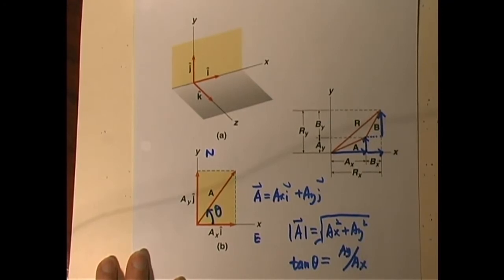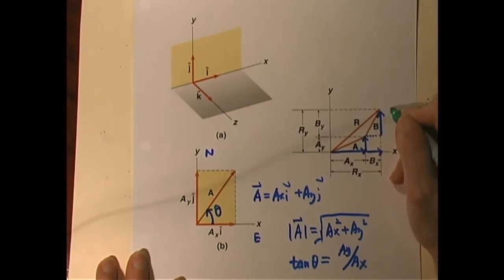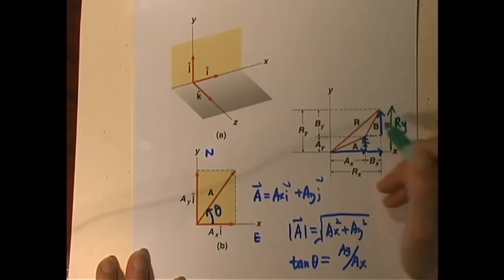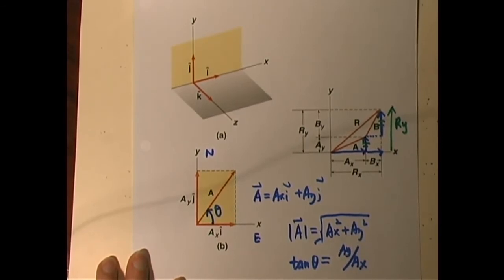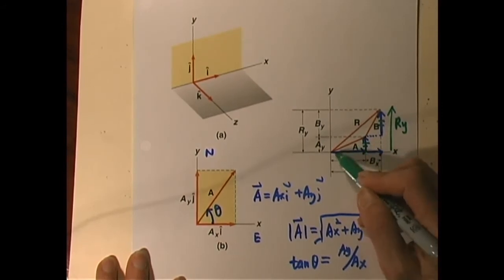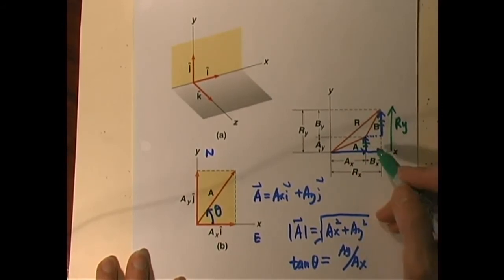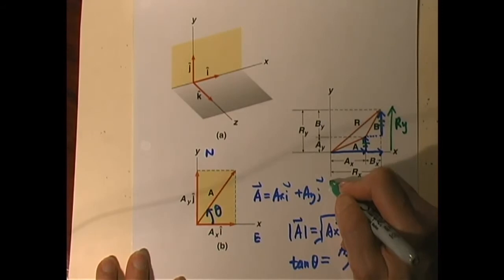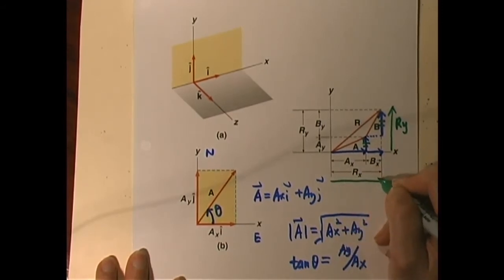So the resultant R has a total, we named it Ry this much because that is Ay plus By. In this case, they add together because same direction, up, up. And in the x direction, Ax positive, Bx positive. So we end up with Rx this much positive.